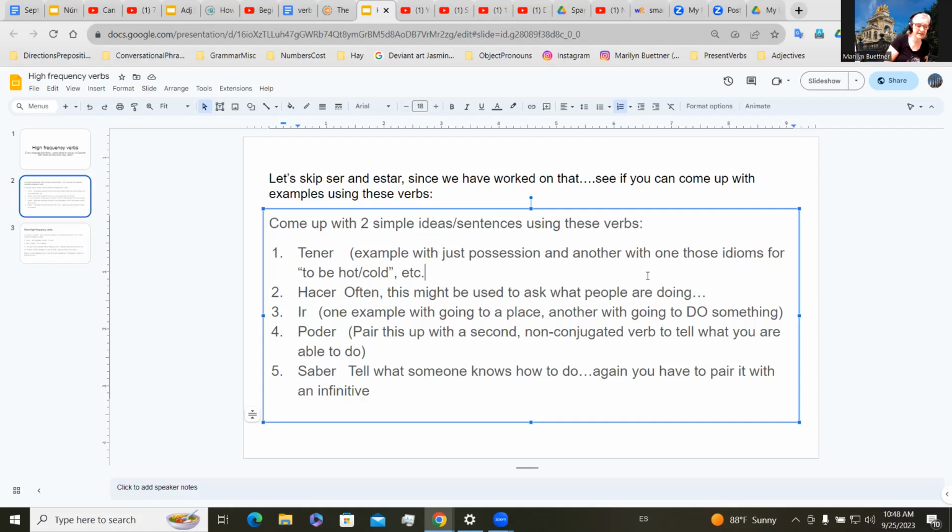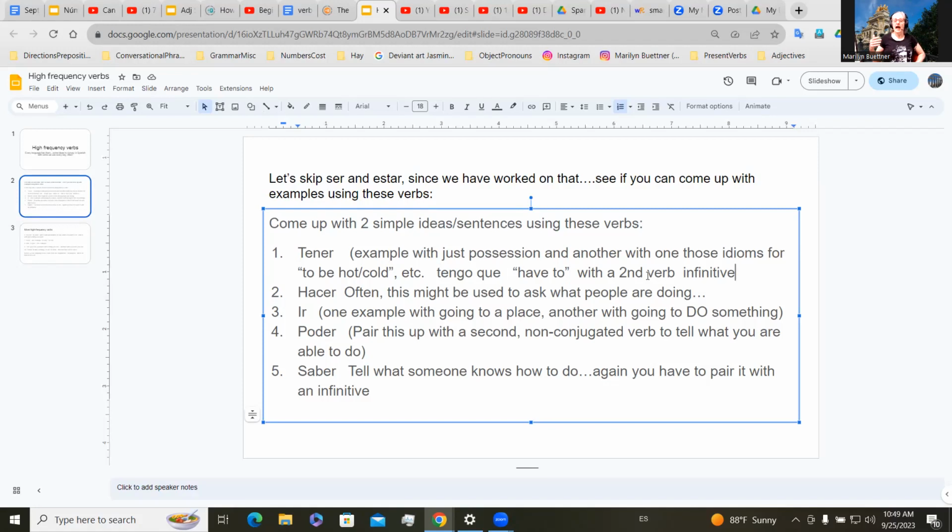Tengo que hacer la tarea. And that is a super important use of tener. Tengo que, have to. And it indicates obligation. But we're always going to use that with a second verb, right? An infinitive. So, tengo que hacer la tarea, ¿sí?